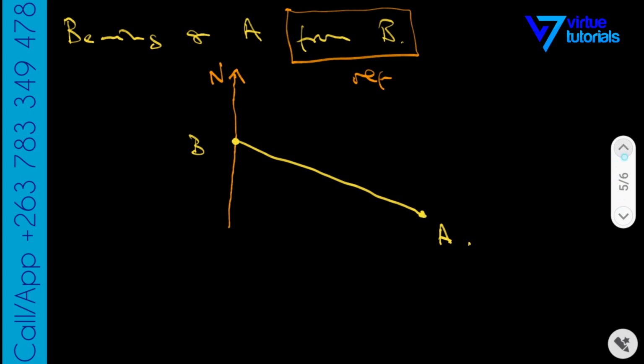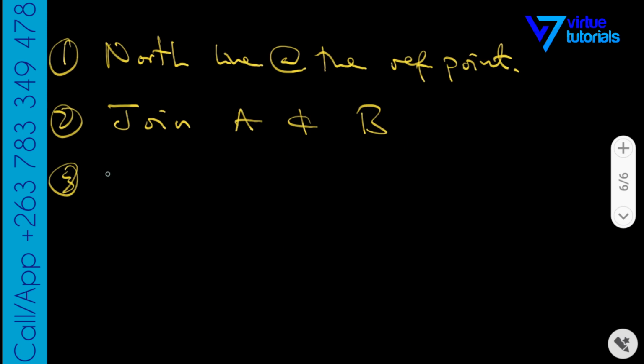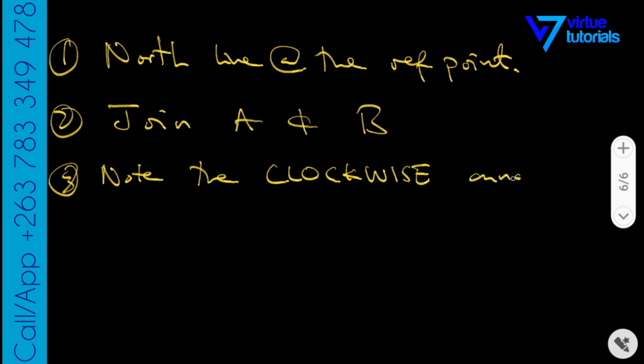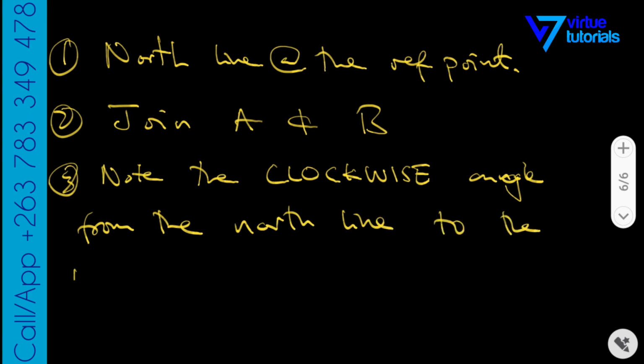The third thing is to note the clockwise angle from the north line to the line joining the 2 points.